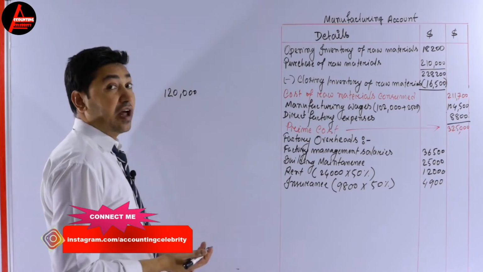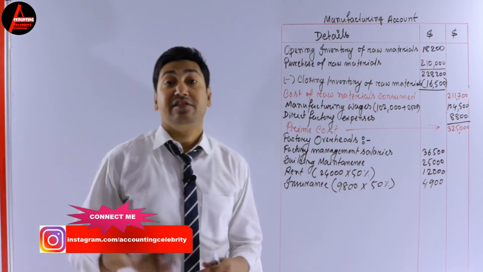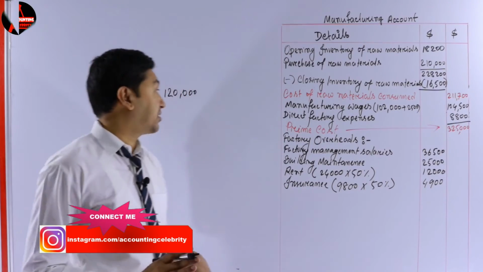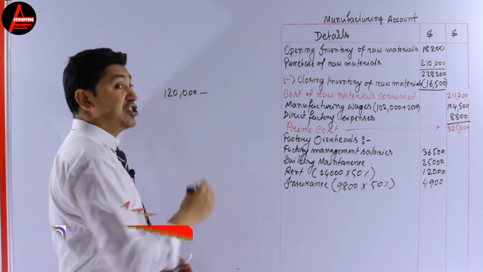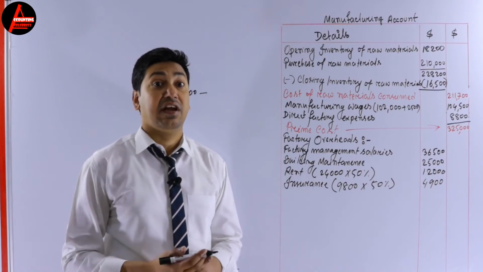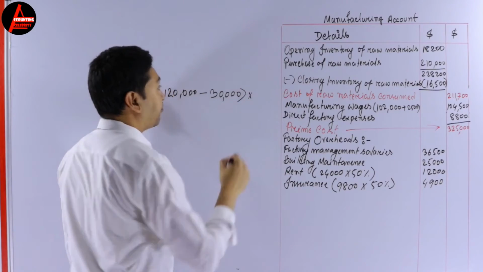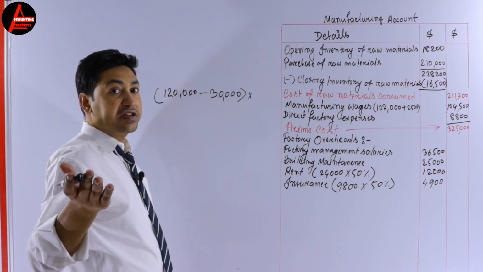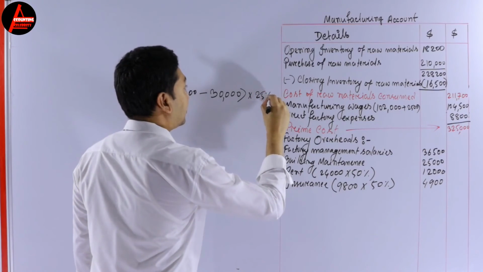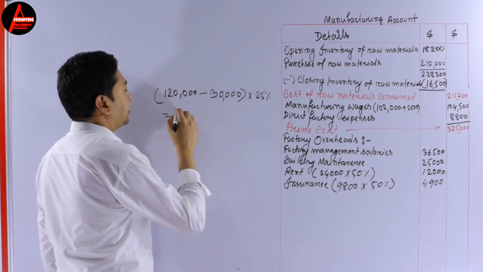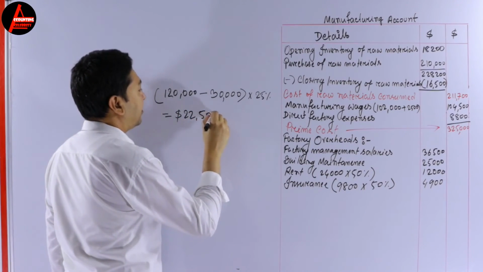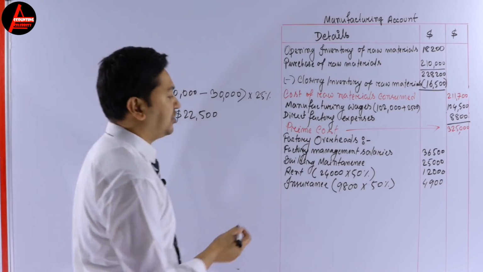I'll show you how to calculate the depreciation. Balance reducing method and diminishing method are the same. So subtract the provision for depreciation, which is already given in the question, then multiply by the rate, 25%, clearly written in the adjustment. So it is $22,500. This is the value of depreciation.